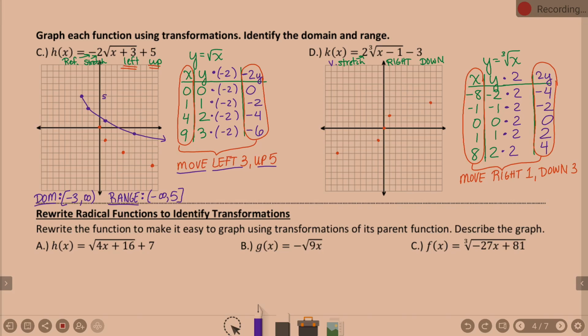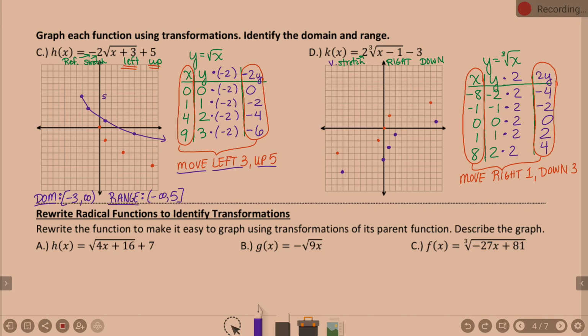Okay, so each of these dots moves what? Right 1, down 3. Right 1, down 3. Right 1, down 3. Right 1, down 3. Right 1, down 3.